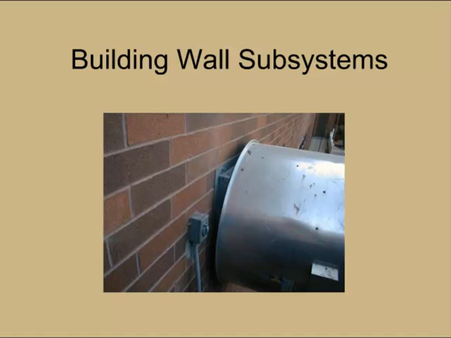Now, I know this is something that Russ can attest to, but when we're going out doing evaluations for clients, one of the most common problems that we see with wall penetrations in openings is specifically with penetrations like we're seeing now, maybe ductwork or electrical coming through the wall. It's not sealed properly.